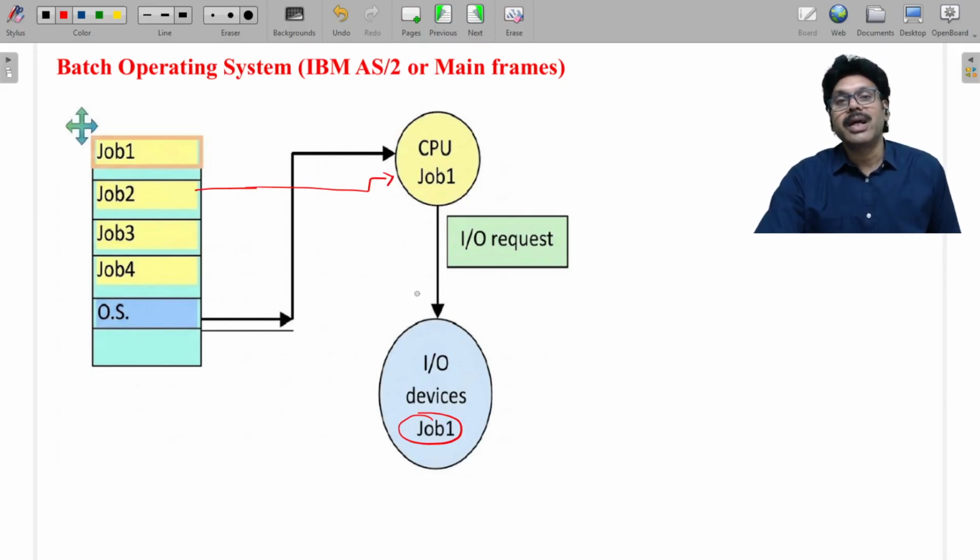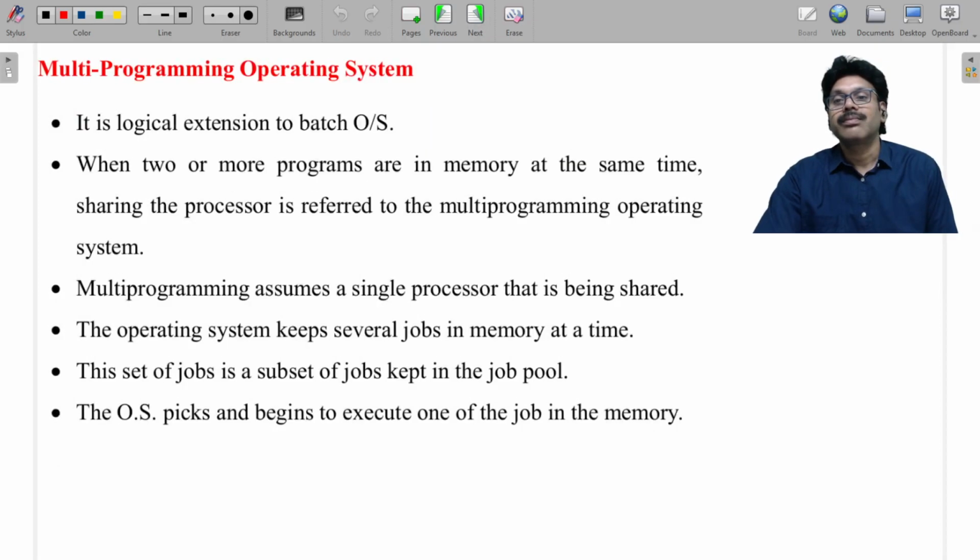So the CPU goes idle unless and until job 1 comes back from IO to the CPU. So it is an extension to batch OS. The idea is it could run multiple programs at a time.